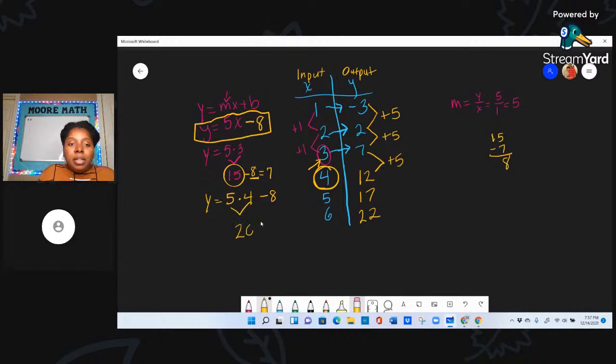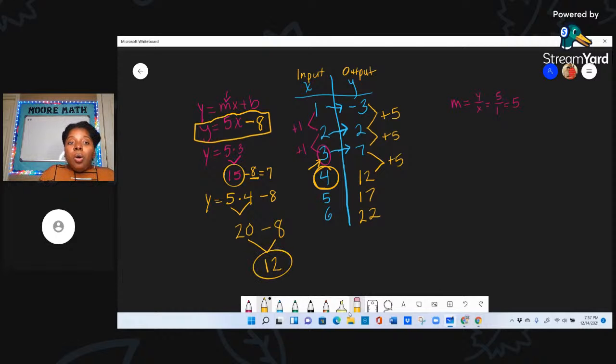And 20 minus 8. What are we going to get? 12. Good. 12.